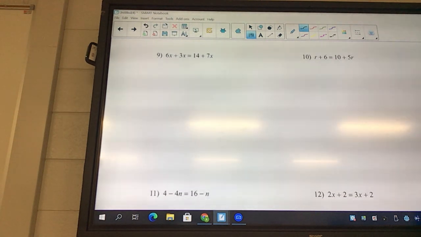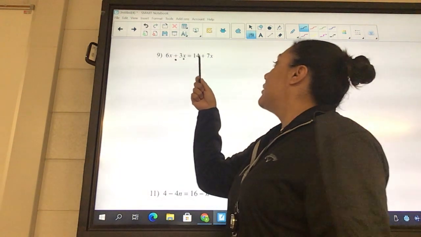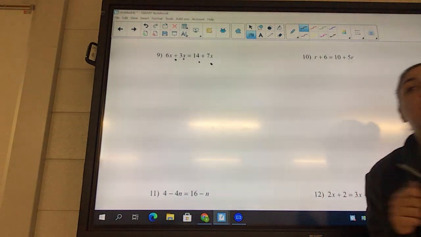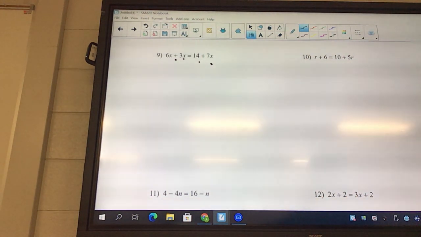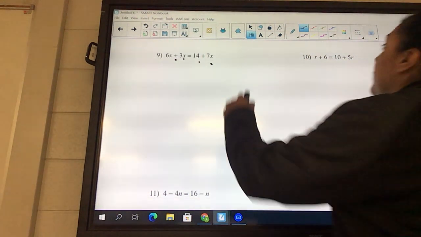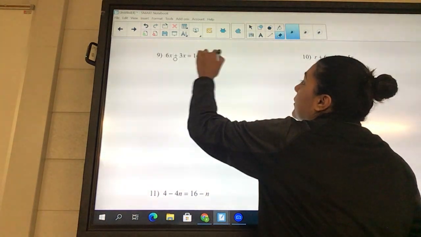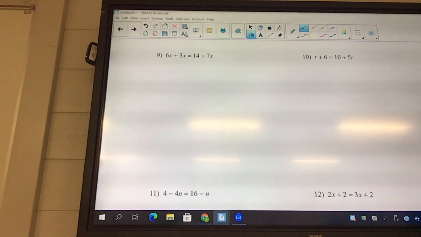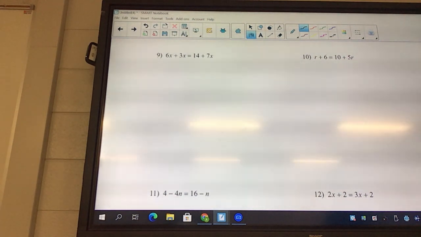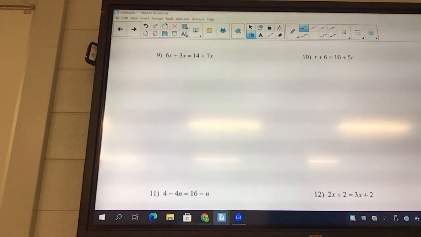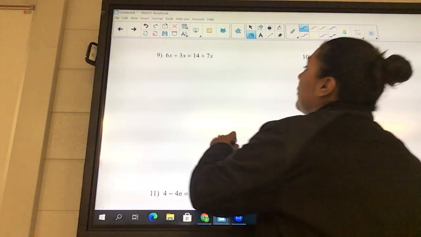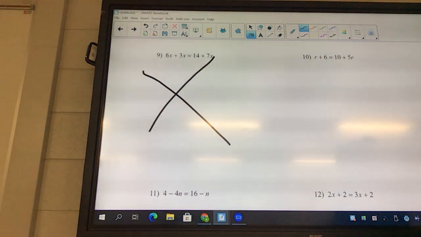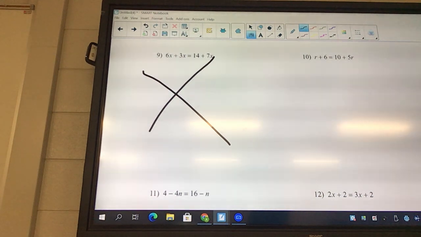Okay, 9. We've got 1 piece, 2 pieces, 1 piece, 2 pieces. Is there anything for us to combine? No. So what needs moved? This is not a good problem. Cross off number 9 too. I mean, we can do it, but I don't want to get you all messed up.